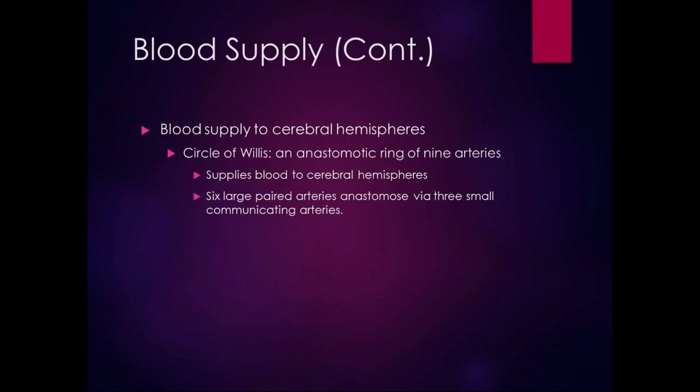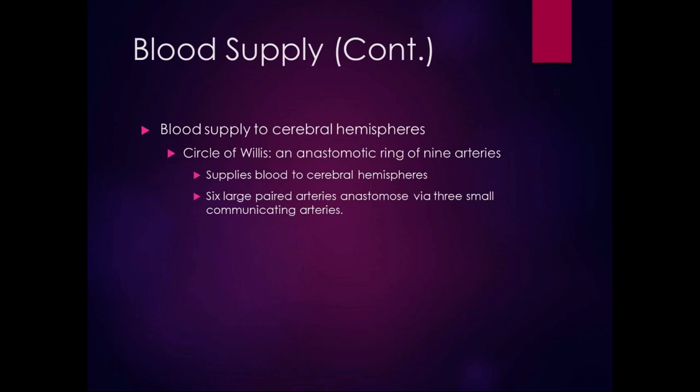So anastomosis really provides alternate routes for the blood. If you can't get blood to the right area, it can go another way. Those 6 large paired arteries anastomose, and there are 3 small communicating arteries. It's sort of like a city that has a lot of main highways, and then you have these little roads going in between to provide surface streets to go on when the main highways are full.